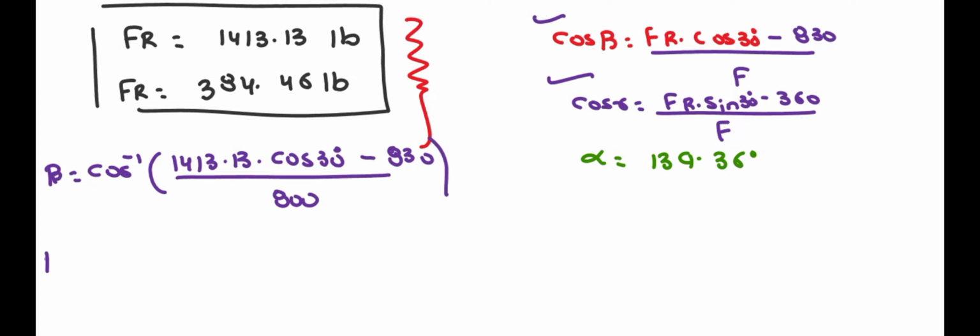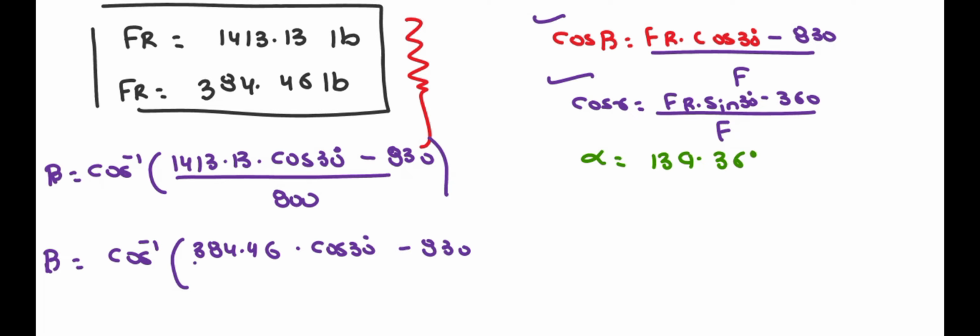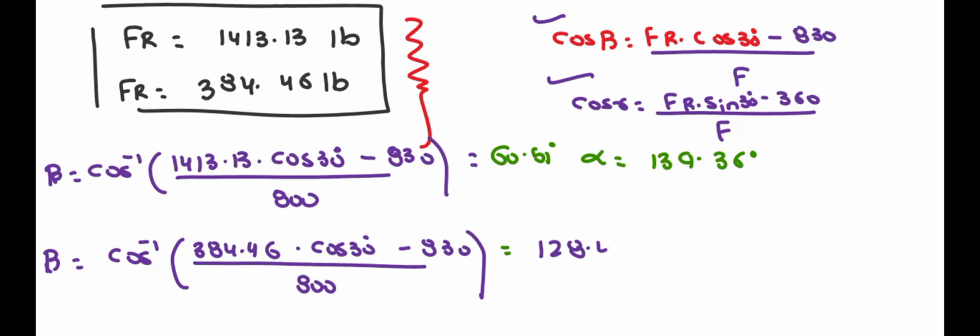And similarly, beta is equal to cos inverse of 384.46 dot cos 30 degree with negative sign 830 upon 800, because the value of F is nothing but 800. So the above expression gives beta equal to 60.51 degree, and the below expression gives beta equal to 128.41 degree.